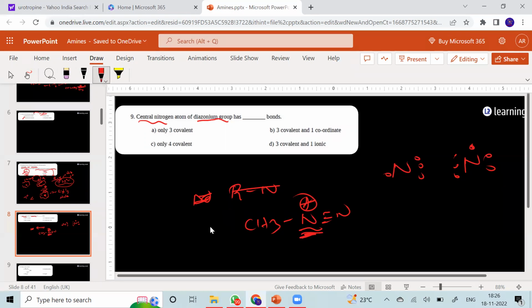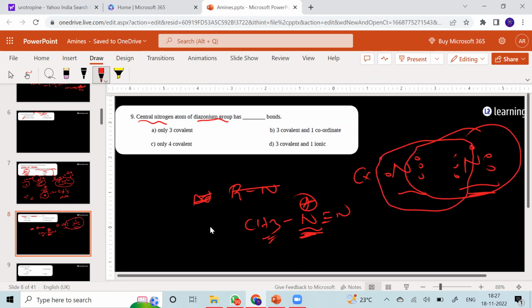And I'm going to have a carbon, and obviously the other 3 hydrogens will satisfy it. Now this nitrogen requires 3 more electrons to satisfy its octet, so it will take up these 3 electrons. Carbon requires one more to complete its octet. Done. Now what are you seeing? We have a normal triple bond between the 2 nitrogen atoms, and this nitrogen has a positive charge and a normal single bond with the carbon atom.